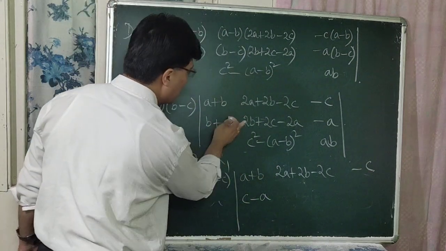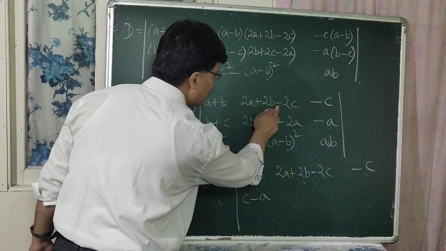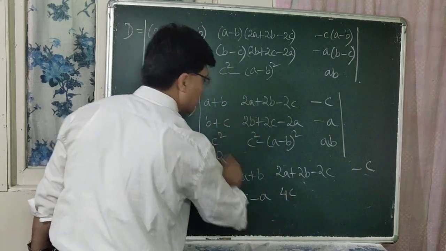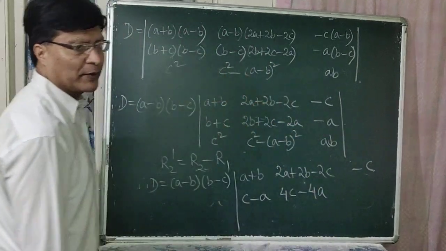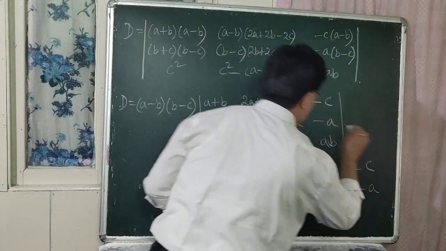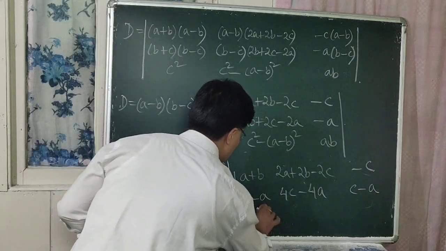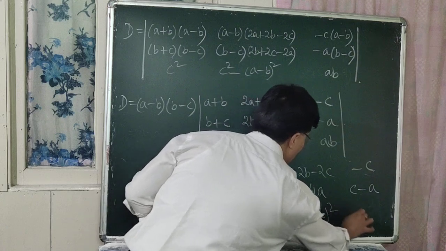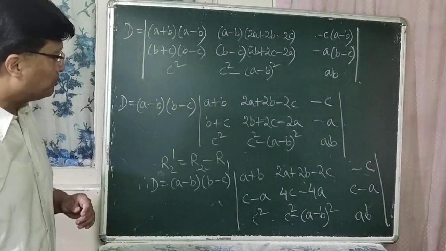Here also, this minus this, 2b minus 2b gets cancelled. 2c plus 2c, that is 4c. Then minus 2a, that is minus 4a. Then minus a plus c. What is the third element of the second row? Minus a plus c, that is c minus a, right? Next, third row remains same. That is c square minus a minus b whole square, then ab. Is that clear now?